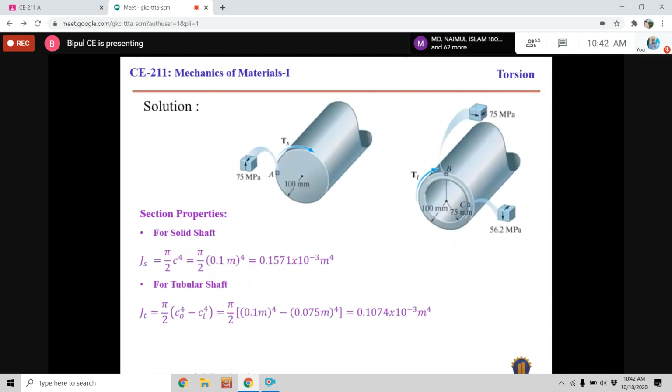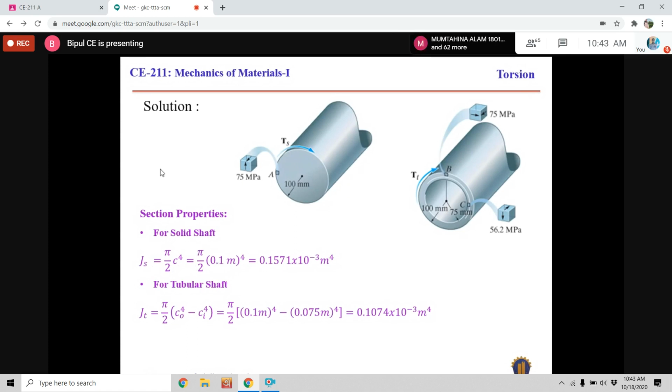First of all, we will determine the section properties, that is, the polar moment of inertia. For the solid shaft, we know the equation of J is pi by 2 c to the power 4. Always try to maintain unit consistency.